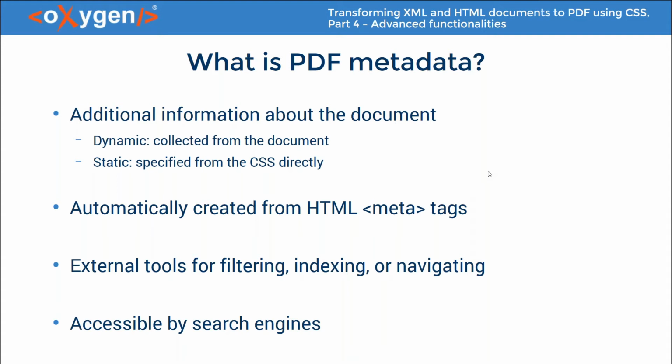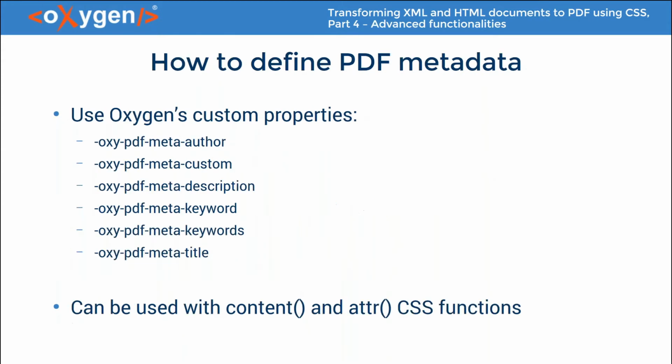They are usually used by external tools, for example, for filtering the content or indexing the content, and they can be used also by search engines as keywords, for example, if you search a word in particular, the search engine will return you the given PDF document.